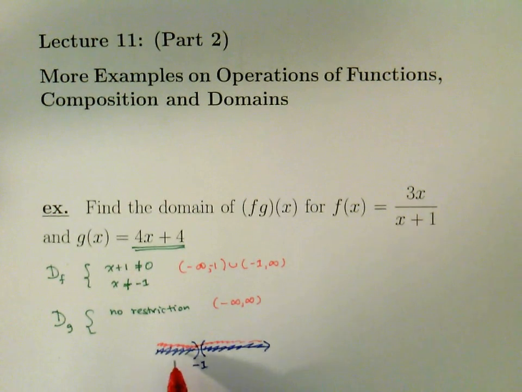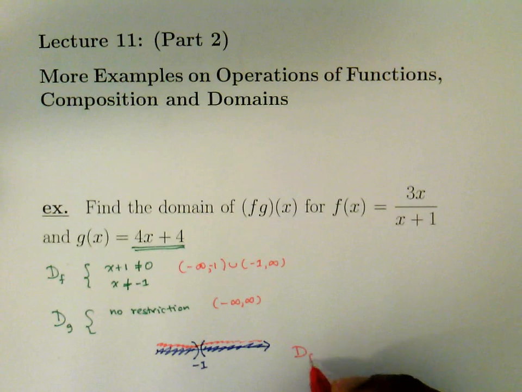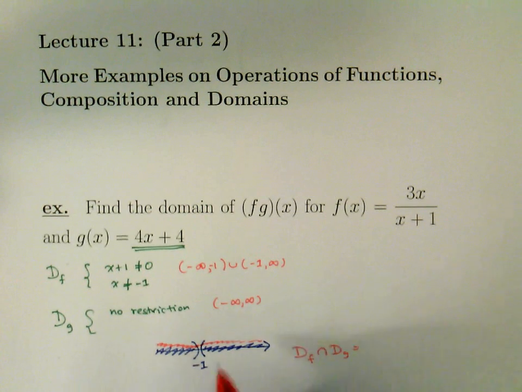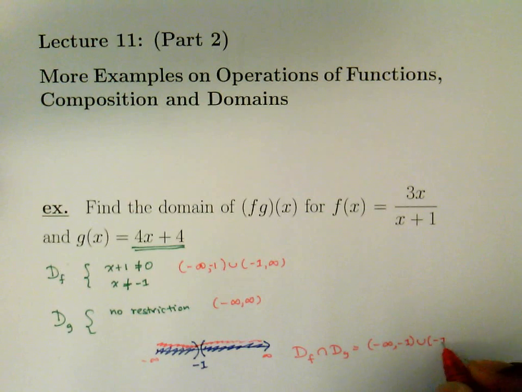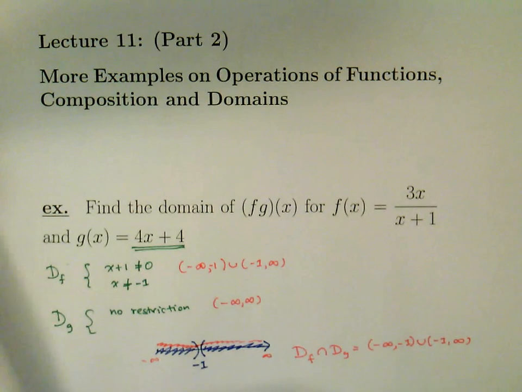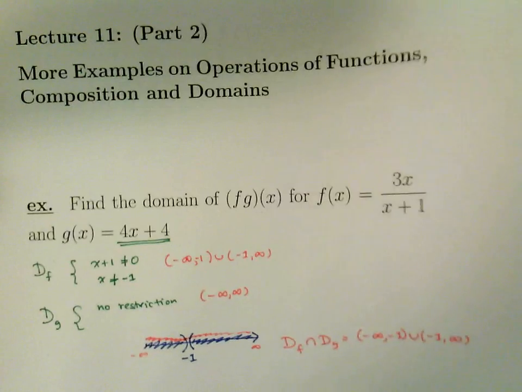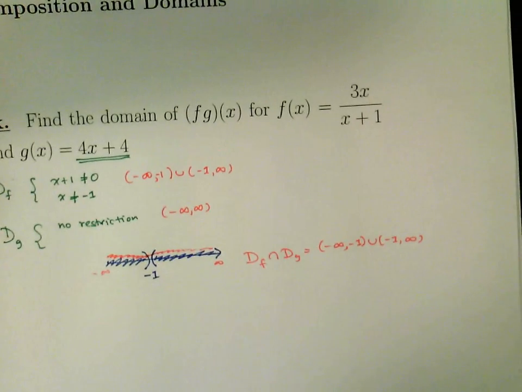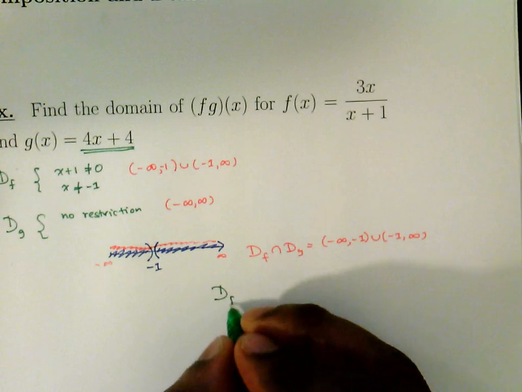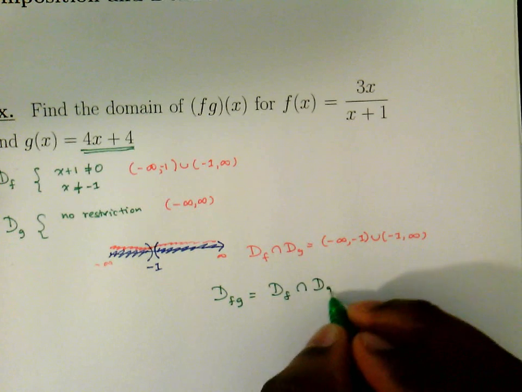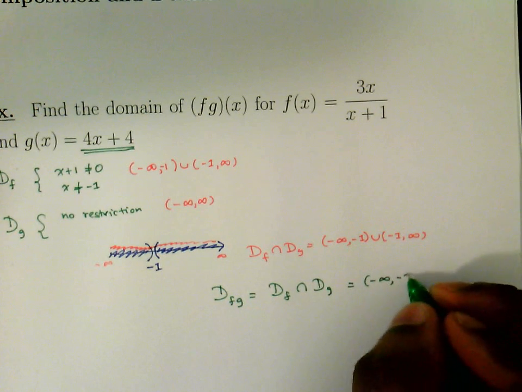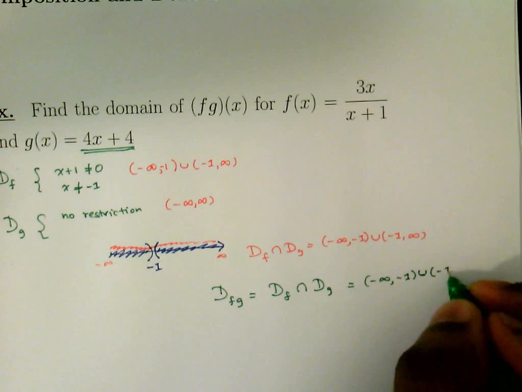And you can see the intersection, which is both blue and red, would be everything from -infinity to -1, and then -1 to infinity. So we know that the domain of f times g is the intersection of the domains of f and g. That would be -infinity to -1 union -1 to infinity.